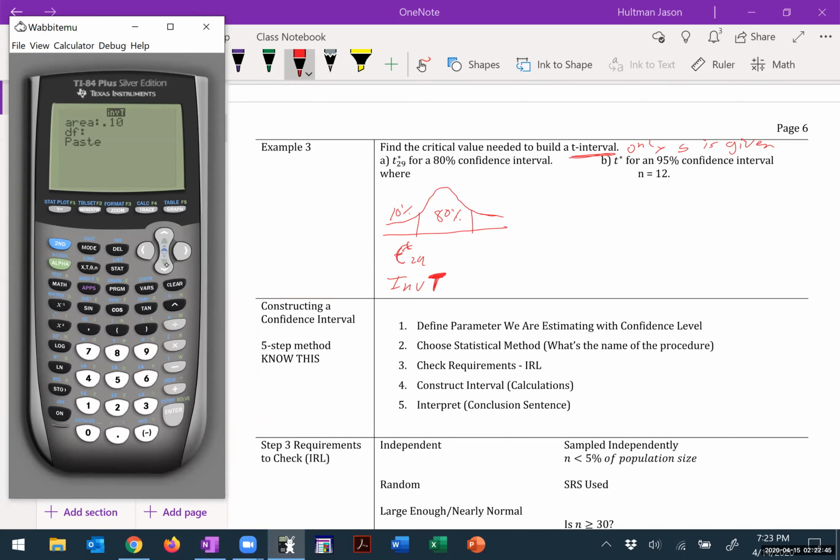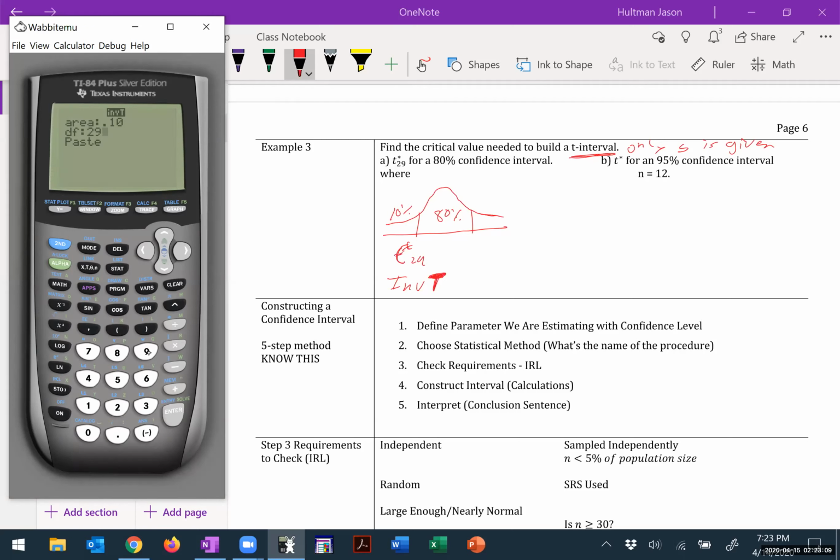And then it asks me for the df. What do you think the df is? Yeah, you're right, that's degrees of freedom. So the degrees of freedom in this case is 29. That means that there were 30 samples; the sample size is 30.